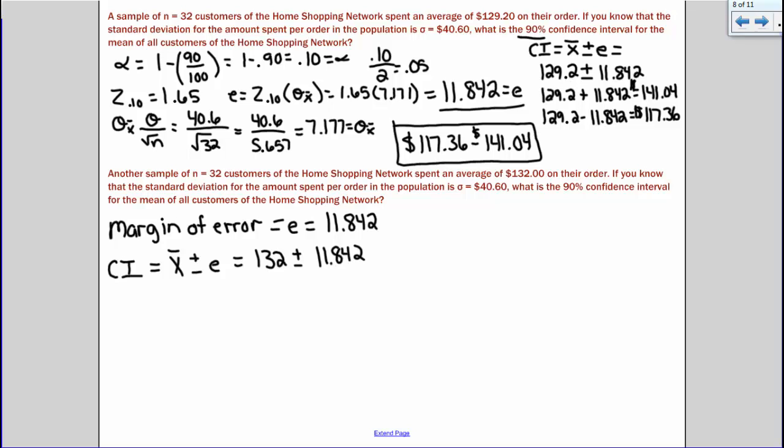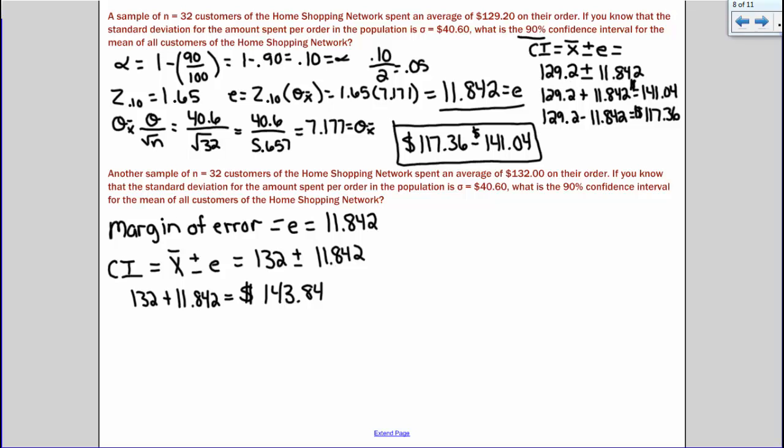If we take our sample mean and add 11.842, 132 plus 11.842, that gives us an upper limit of our confidence interval of 143.842, or $143.84.